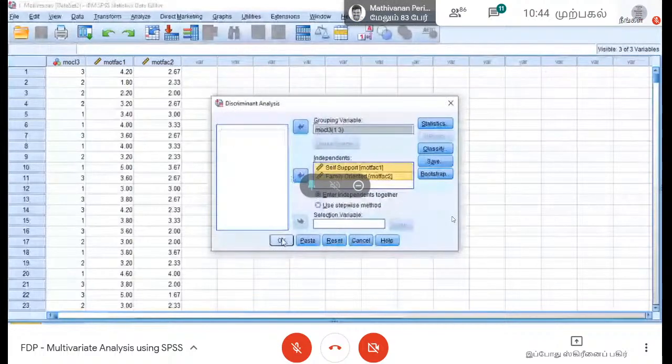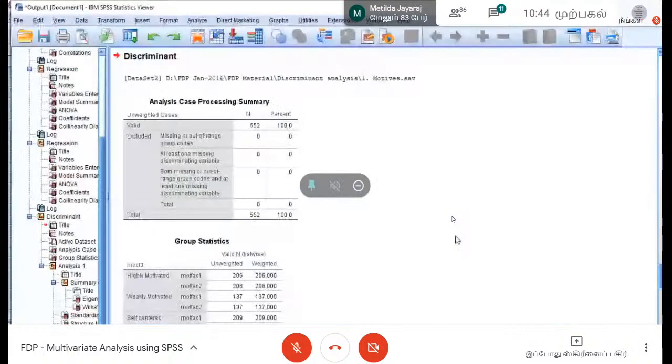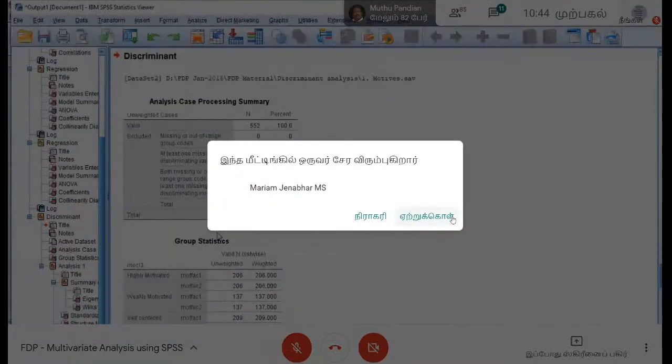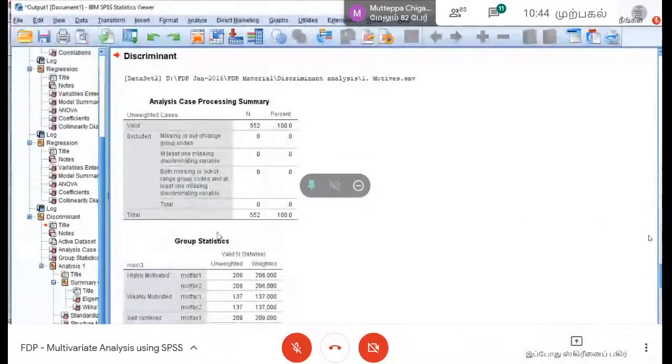Now I will have a second output. Today I will not go according to the order of the output, because you will always be a little confused, so let me go in a different way. The output contains eigenvalues, Wilks' lambda, and so on.